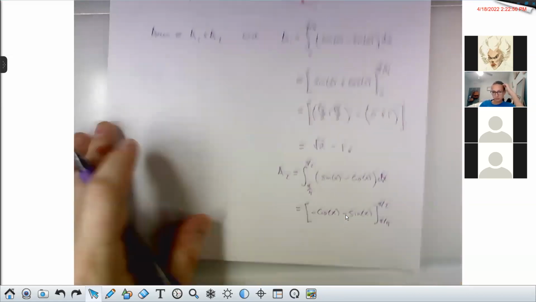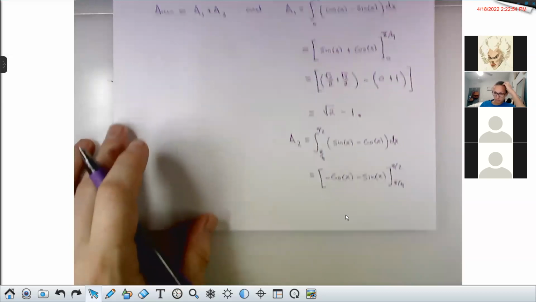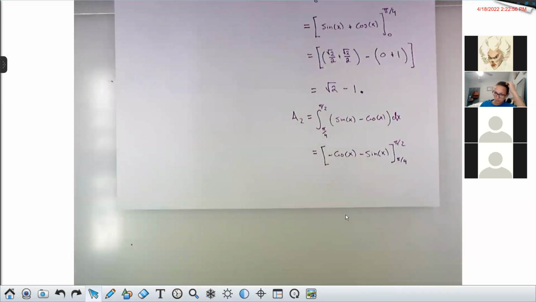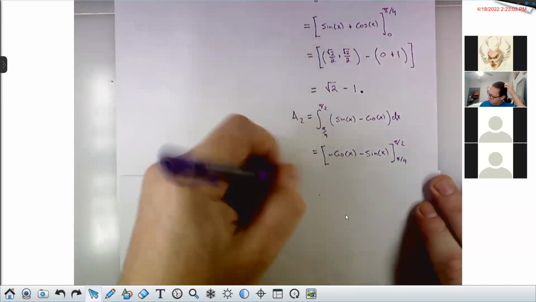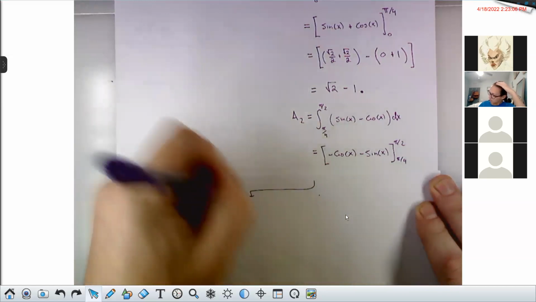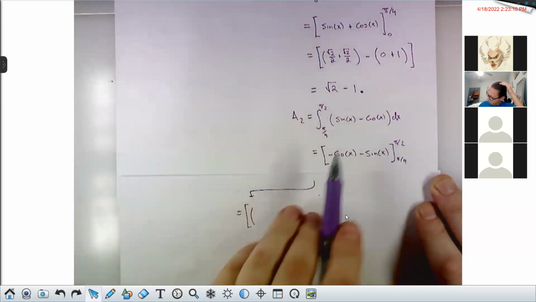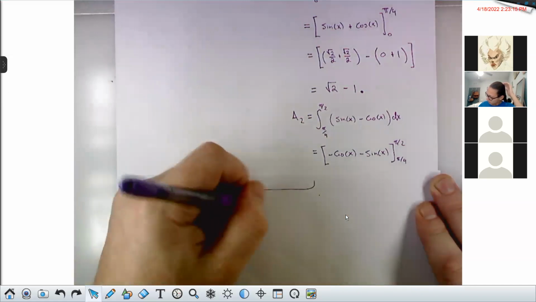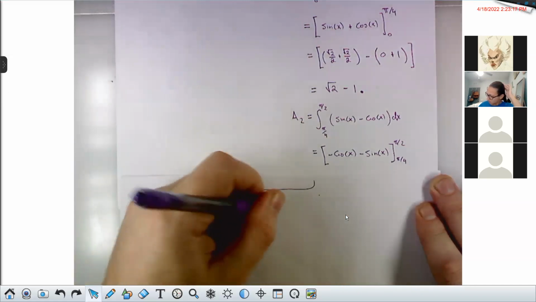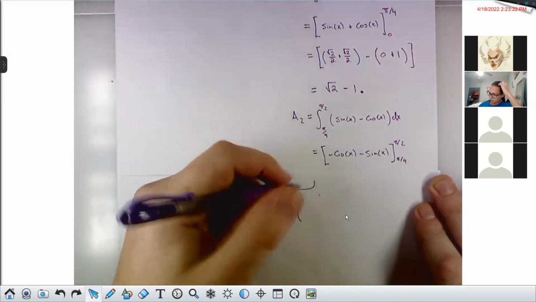Just a little more space on this. Bump this up here. So if I plug pi over 2 in here, let me give myself just a little more horizontal space. At pi over 2, cosine of pi over 2 is 0. Sine of pi over 2 is 1. So this is going to be 0 minus 1. And then I subtract from that what I get at pi over 4.